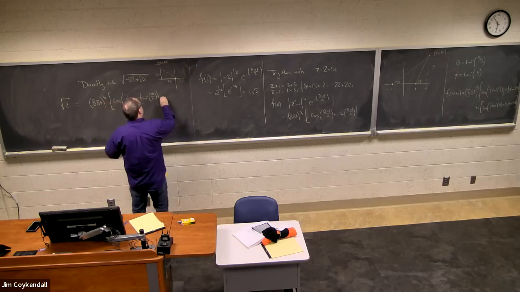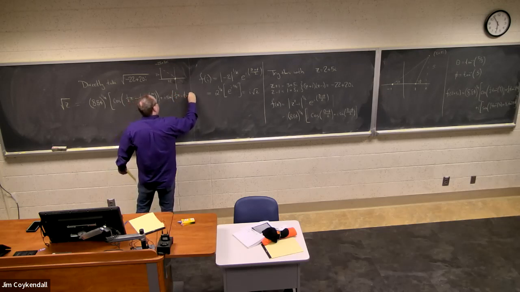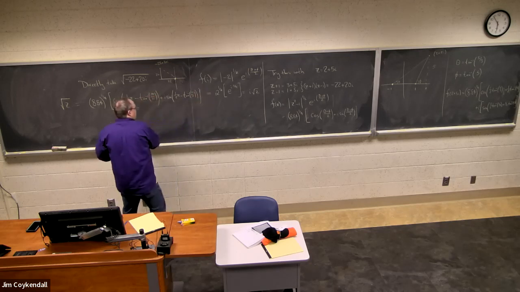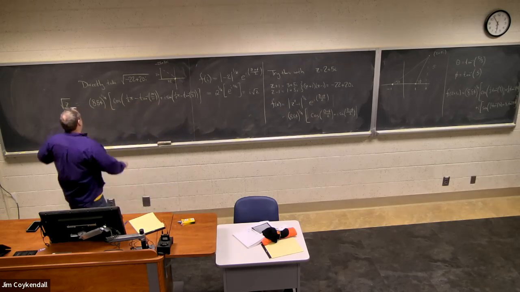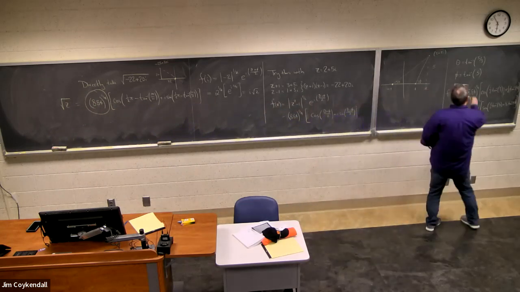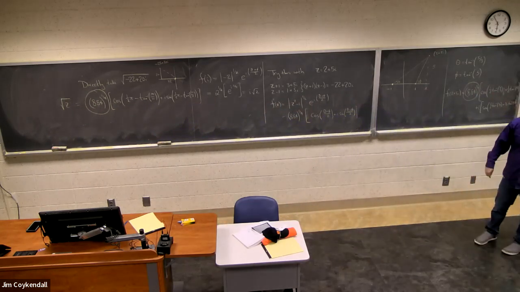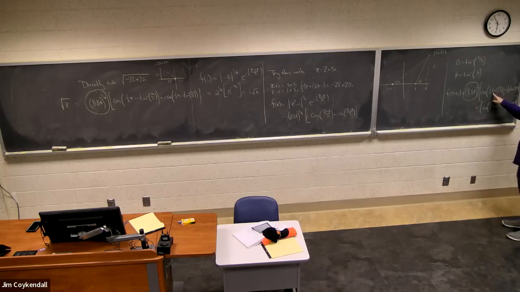Plus i sine of 1/2 pi minus tangent inverse 10/11 as well. Now these two quantities should be the same thing, right? Notice that we have a common magnitude. That's a good sign, right? And since what's left over are these complex numbers, the real and imaginary parts must match, right?